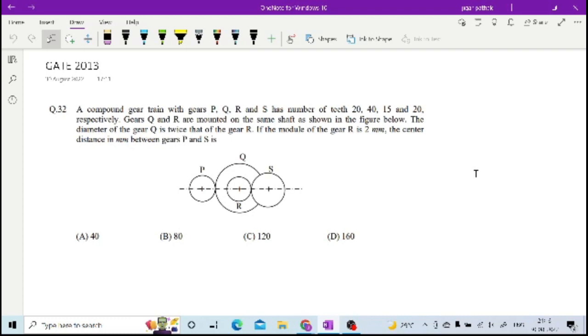Not able to get, sir. About module of Q. So module of Q you have to calculate, na? Okay, sir.